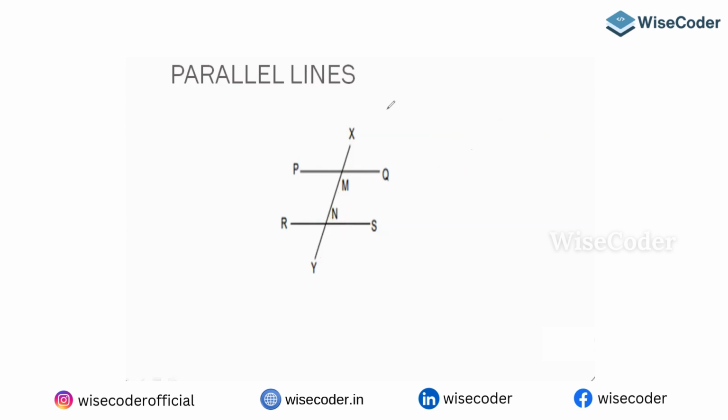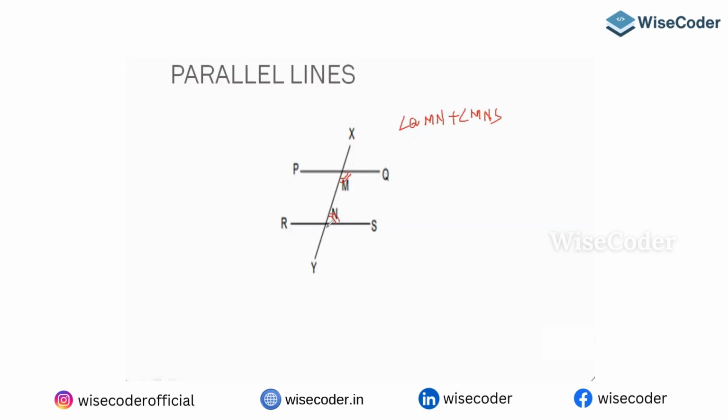And one more point: the sum of the interior angles on the same side of the transversal is equal to 180. What I mean by this? Let's take QMN plus MNS.